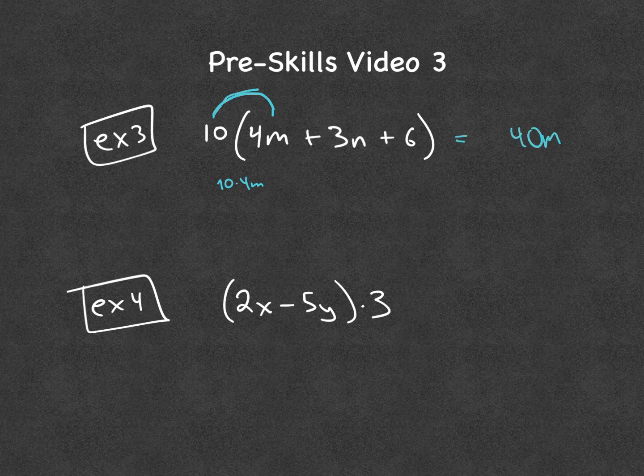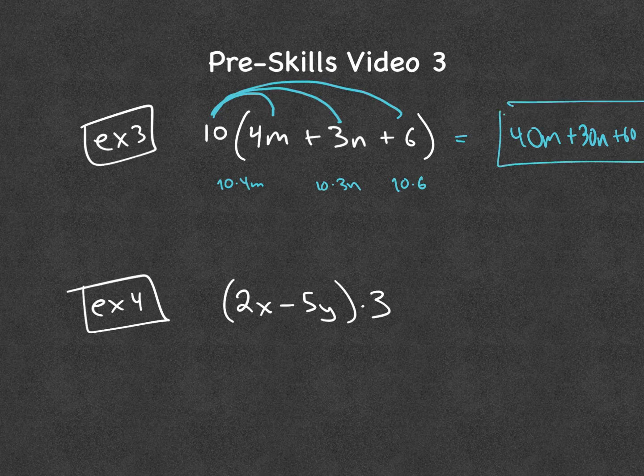Then I'm going to distribute it to the next term, the 3n, and I do 10 times 3n, which is 30n. They're both positive, so I get plus 30n. And then I finish here, 10 times 6, that's 60, so plus 60. 40m plus 30n plus 60 is my answer there.